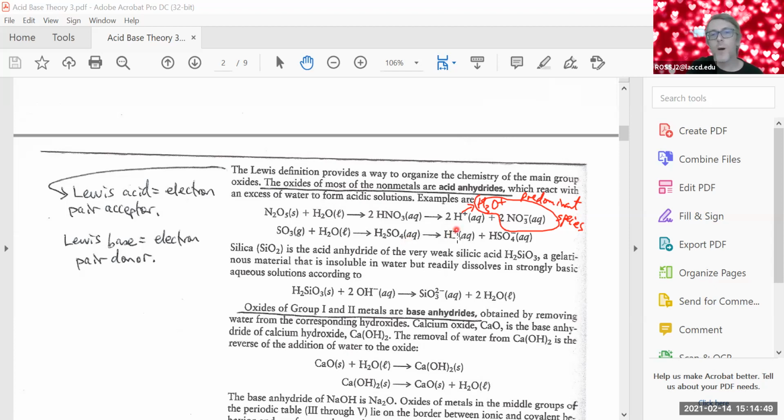And that would form a strong acid and a weak acid that could go on for further equilibrium, diprotic acid here. So we can therefore retroactively classify these nonmetal oxides as acid anhydrides. Anhydride just means they lack water, but when you give them water, they can produce acids.